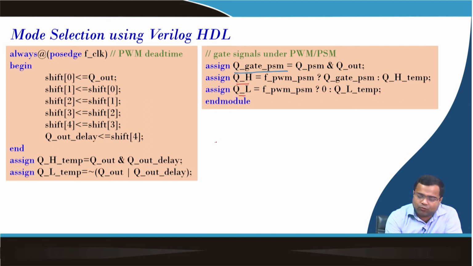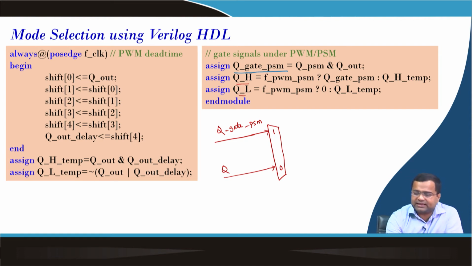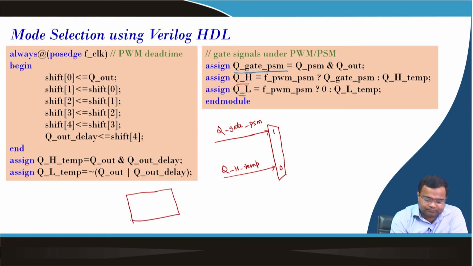Now we have one signal, Q gate PSM, that we have discussed, and that is muxing with 1 0, then QH temp, because you remember for DPWM, the output of the DPWM will also have a dead time circuit.